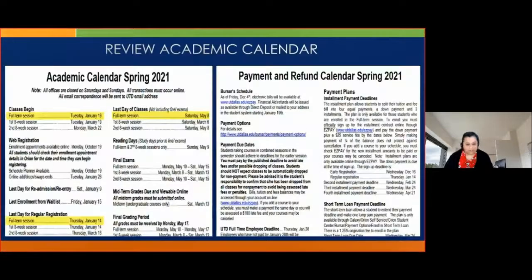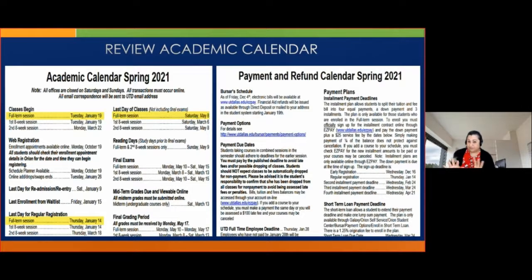Now, the first item that we want to cover is the academic calendar. So this is available to you every semester, and it outlines important deadlines that you have to keep in mind, including the window of registration, last day to add coursework, the first and last days of class, as well as detailed payment information on page 2. And on this slide, page 2 is actually on the right-hand side of your screen.